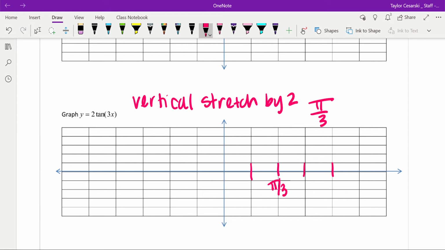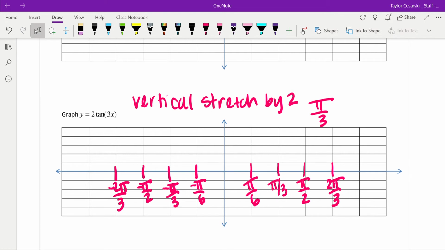So that's 1/3. And then if you divide that by 2, it would be 1/6. So 1/6, 2/6, 3/6, and 4/6. And I'm going to do the same thing going backwards: negative 1/6, negative 2/6, negative 3/6, and negative 4/6.